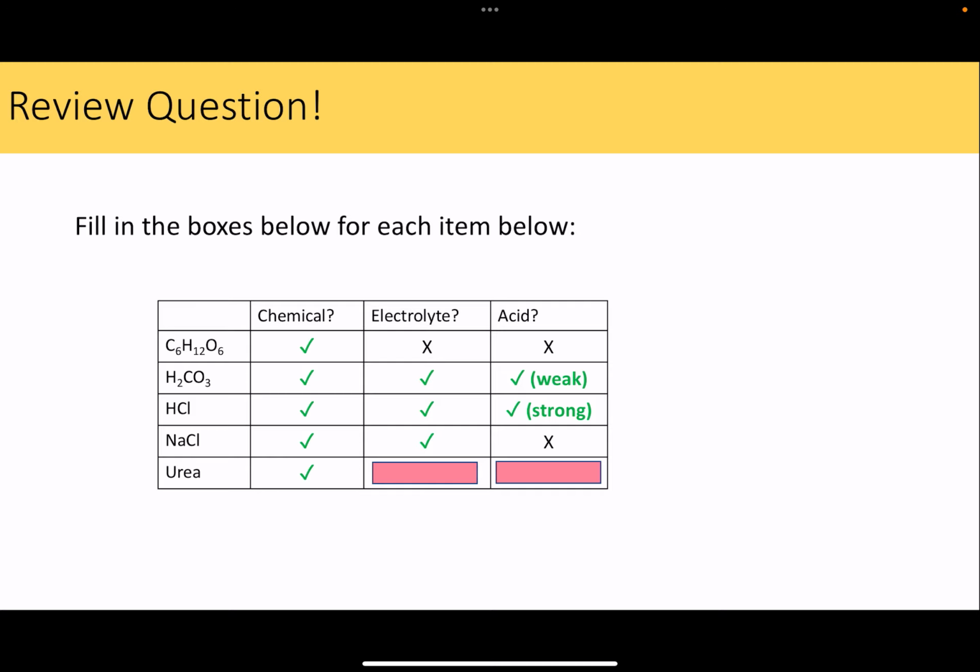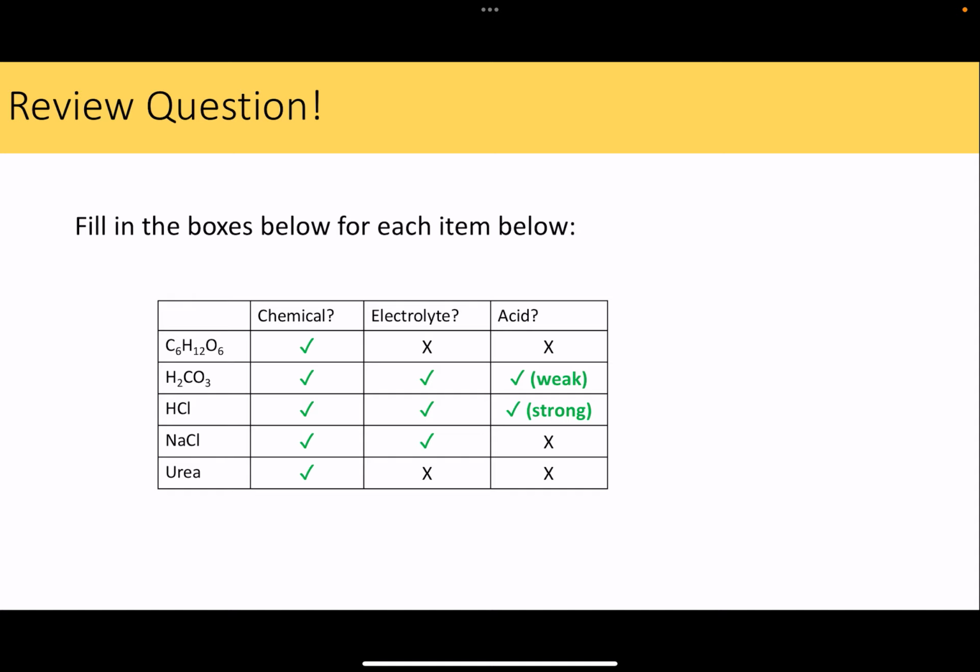Yes. Is it an electrolyte? No, it does not dissociate in solution. Is it an acid? No. If it's not an electrolyte, it's not an acid. It doesn't split. Anything that does not dissociate in water is not an electrolyte.